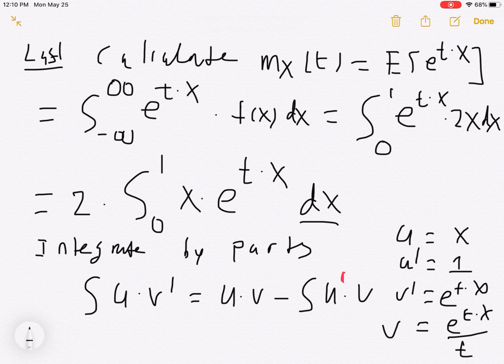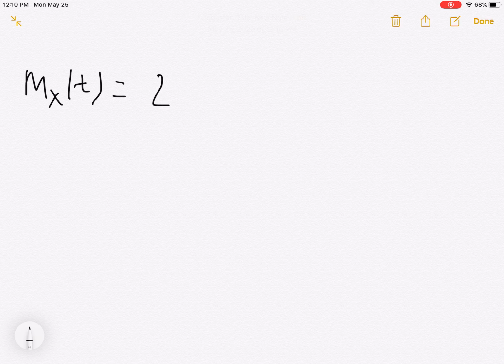Okay, and now we're ready to calculate the moment generating function. It's going to be twice this integral from 0 to 1 of x times e to the t times x dx.